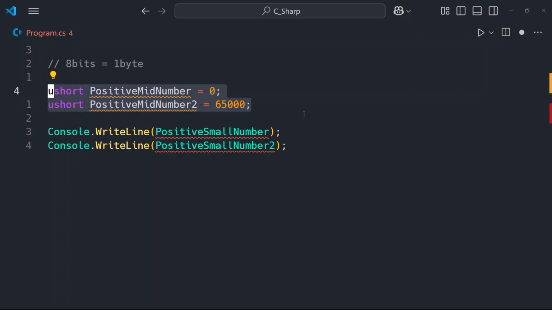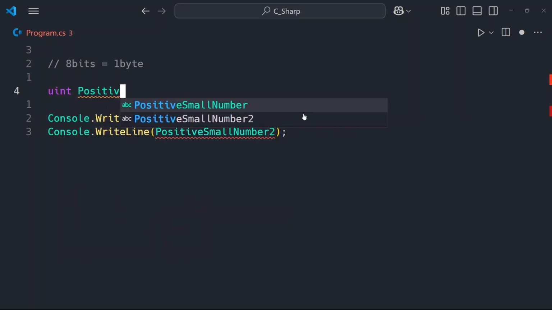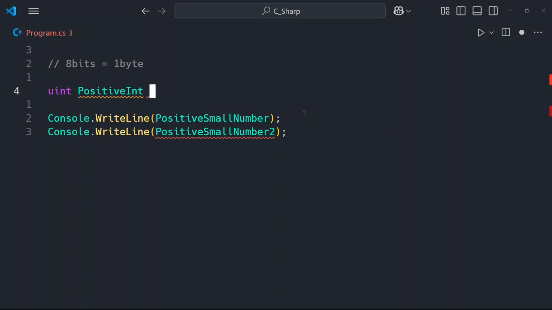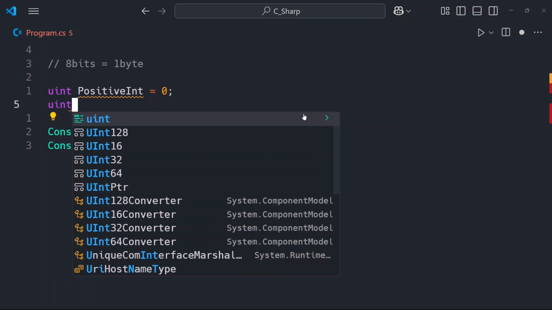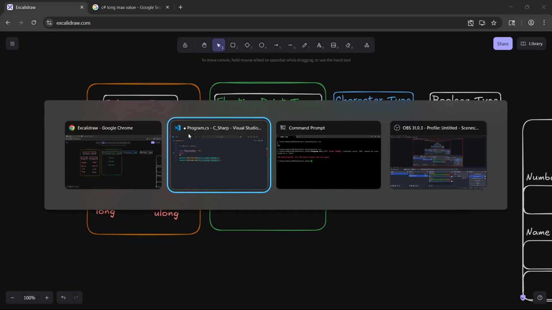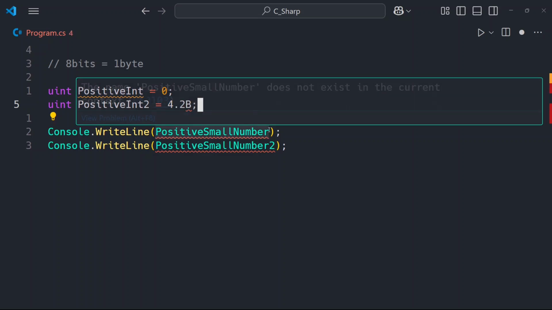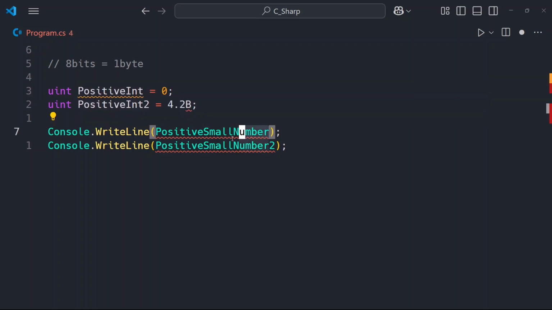Next up is uint, and it's like integer but only positive as well. Remember, these are the unsigned. Unsigned means they can only ever be positive numbers. So it goes from 0 to, I think, 4.2 billion, something like that. Sorry about that.